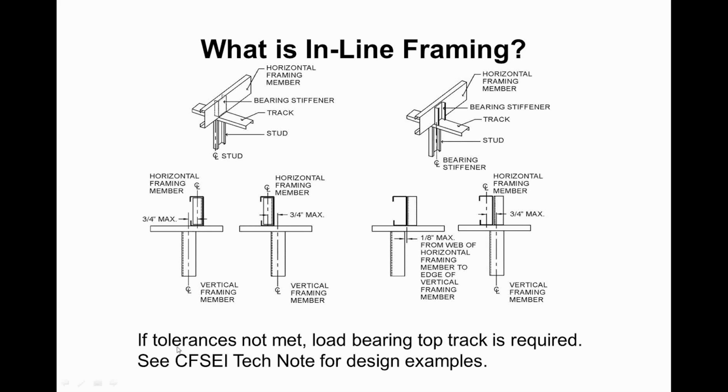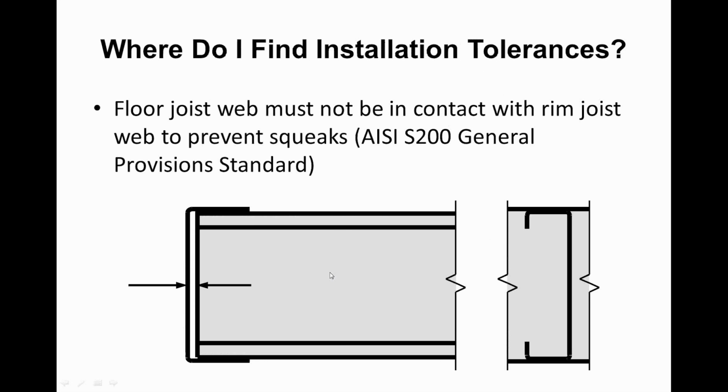So this is a good resource, and in fact there's a whole series of CFSEI tech notes. If you're not familiar with those, you may want to seek out the list and see what's there, because there's some good information there on the design of cold-formed steel members and connections. So that's inline framing, meeting these requirements as illustrated. And this information is given in AISI S200, the General Provisions document.